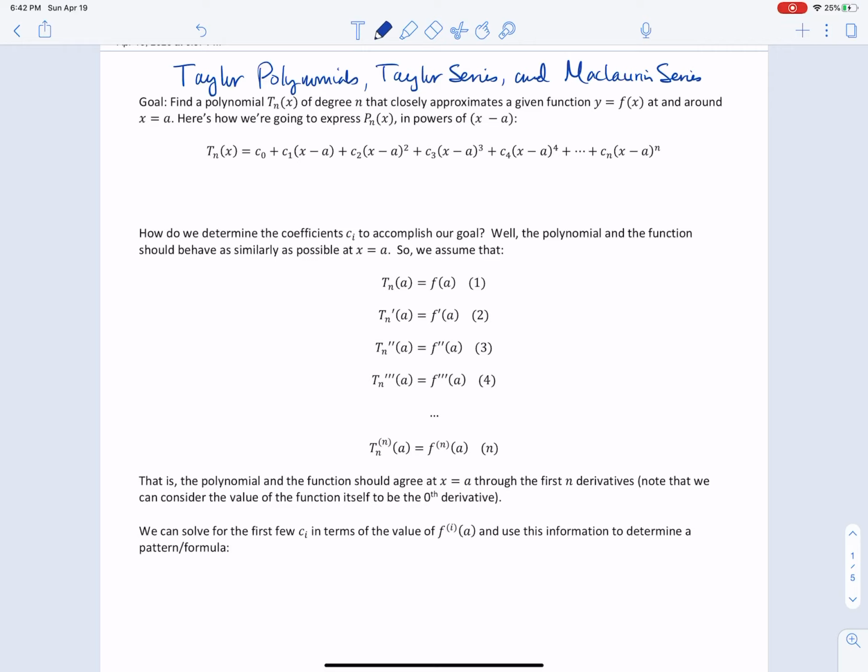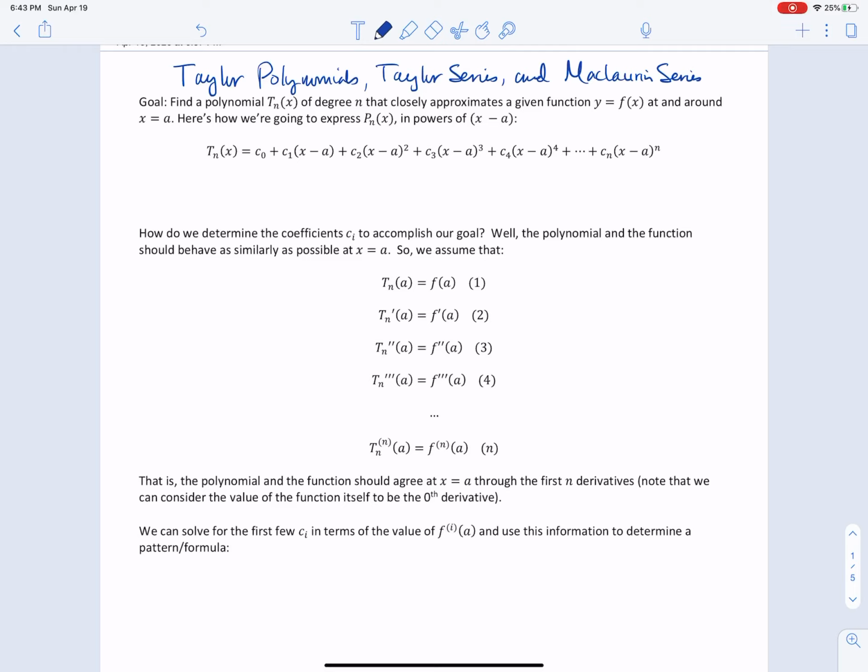Now we want to expand our capacity to find other power series representations, but we're going to do that by starting off thinking about, if I had a polynomial of finite degree, what would be a good polynomial approximation to the function that I've got on hand? We'll be thinking about e to the x, cosine x, sine x, and how I can come up with a decent polynomial approximation for those.